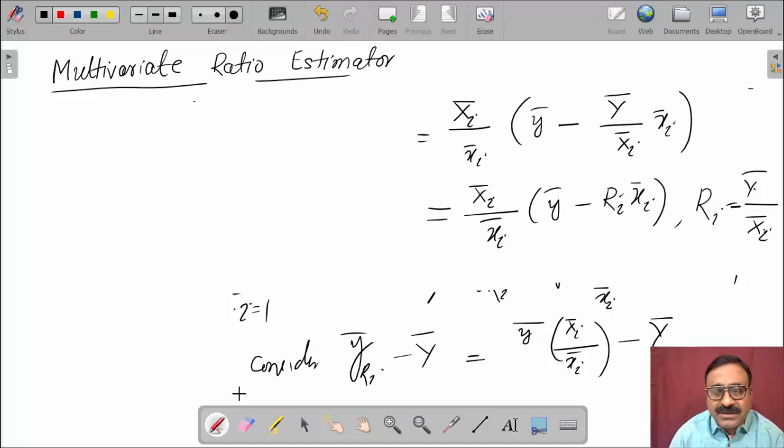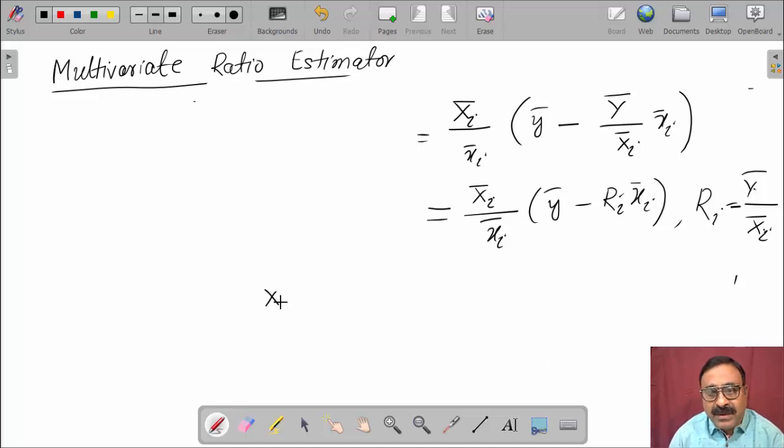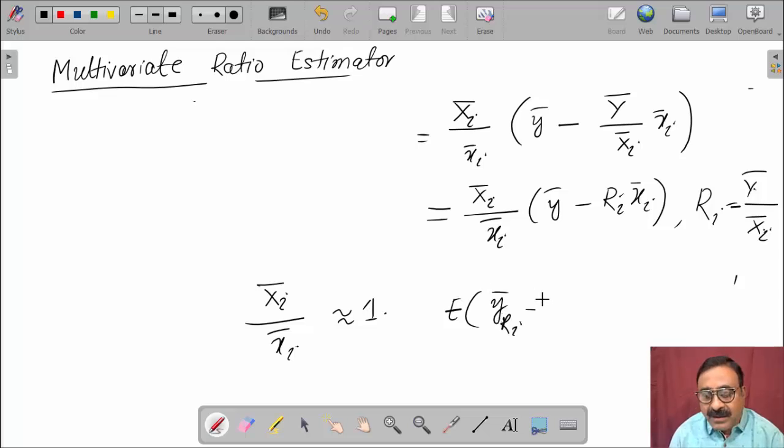Now for large samples, we have xi bar by xi bar approximately equal to 1. So for large samples, expectation of yri bar minus y bar is equal to 0. So this shows that if the sample size is large, then the ratio estimator yri bar based upon the ith auxiliary variable is an unbiased estimator of the population mean y bar.